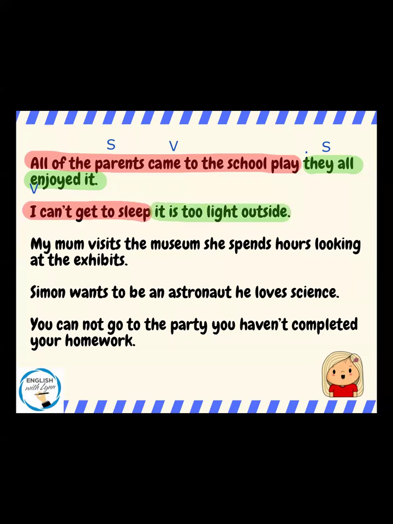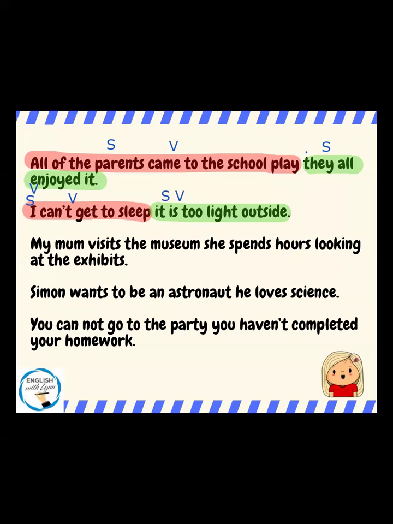Looking at that, the subject is I, the verb is "can't get", it links together, and then "to sleep" is what I'm not able to do. Now, "it" is the subject there, "is" is my verb, and "too light outside" is what it is.